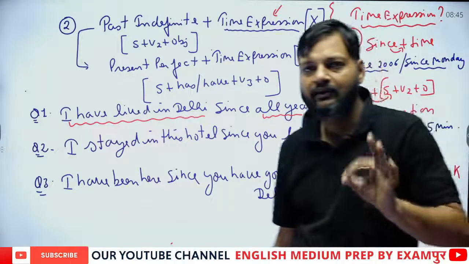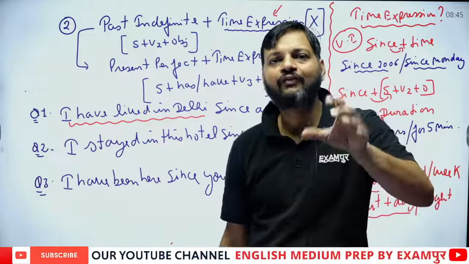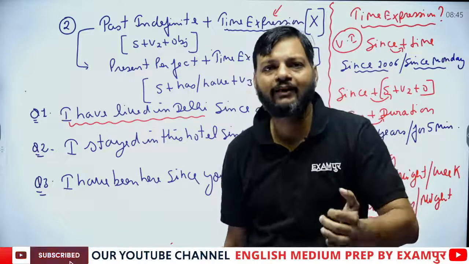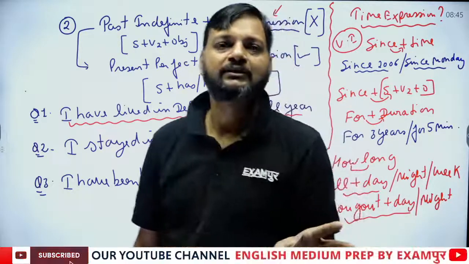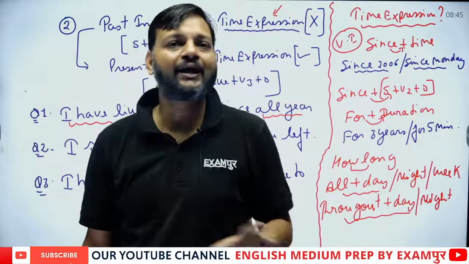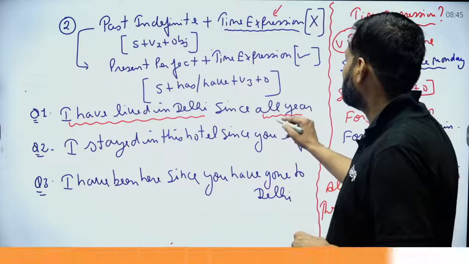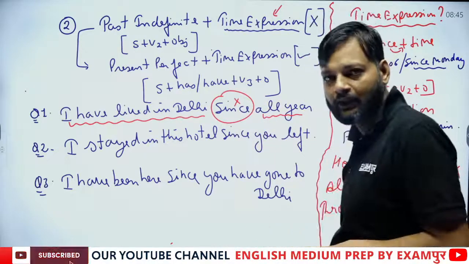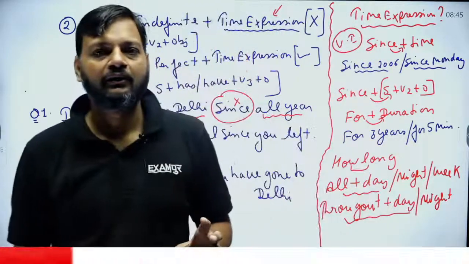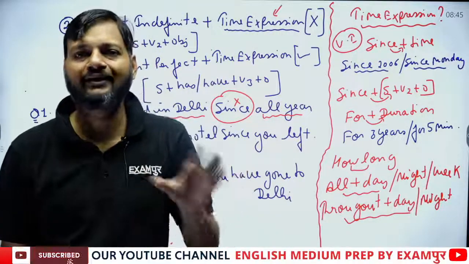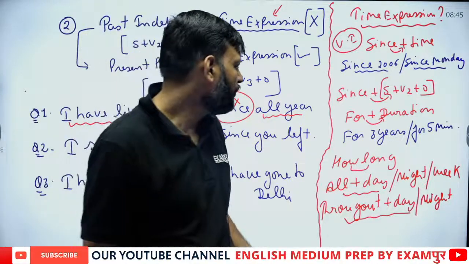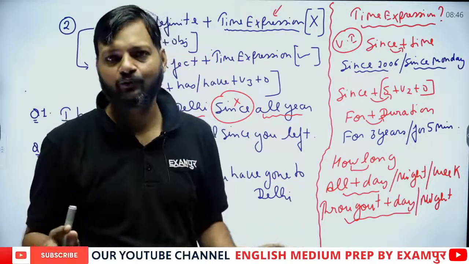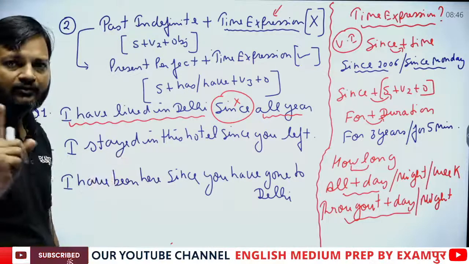Did I write since or for with all? No. Because all day, all night, all month are time expressions by themselves. There is no need to add since or for. So since all year is a time expression, there is no need to add since. Okay. Do not add any word if there is no use of it. It is superfluous. So all day, all night, all week, all year, this is a time expression. There is no need to add since with it. Okay. So here the word since is wrong.